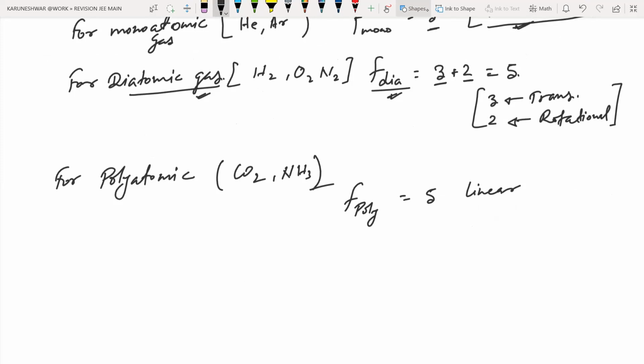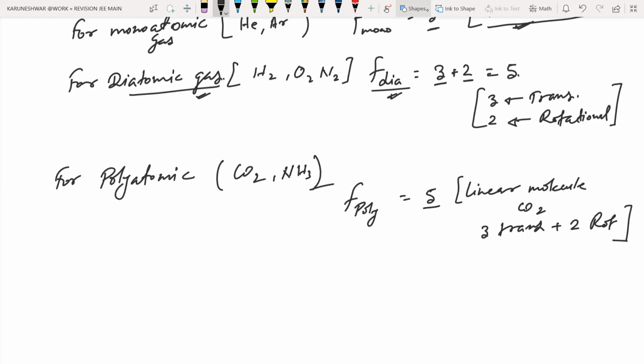So if it is a linear molecule, like the CO2 structure, for that we have 3 translational and 2 rotational.